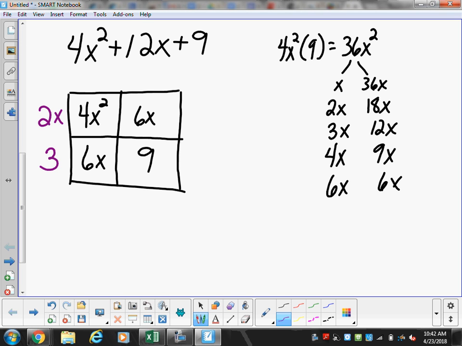And hopefully you notice that the columns are exactly the same as the rows. So my factors, 2x plus 3 times 2x plus 3.